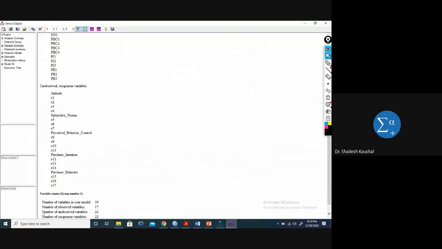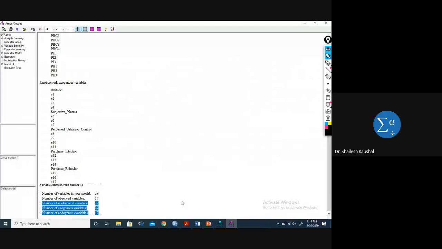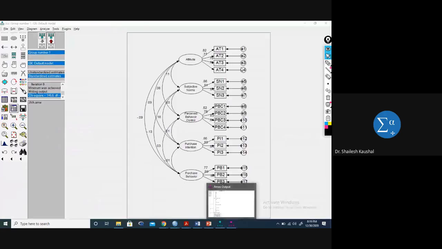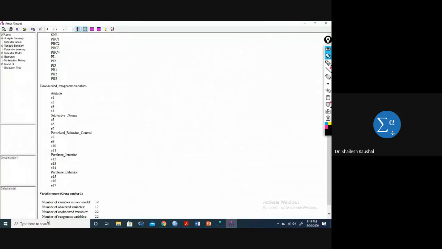And the number of unobserved variables? The unobserved variables are E1, E2, and so on, plus 18, 19, 20, 21, 22. So the number of unobserved variables is 22.